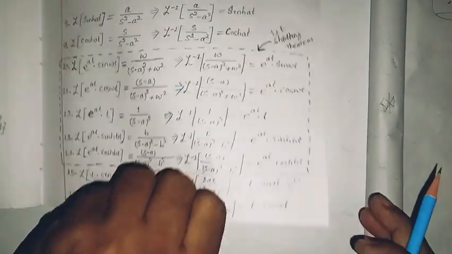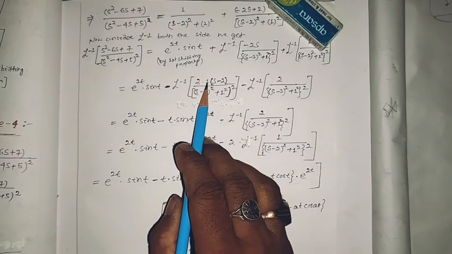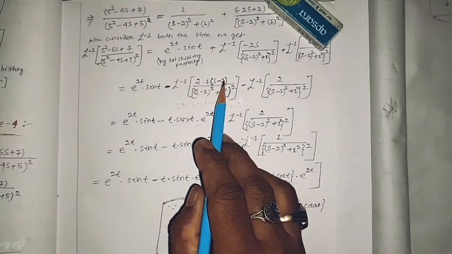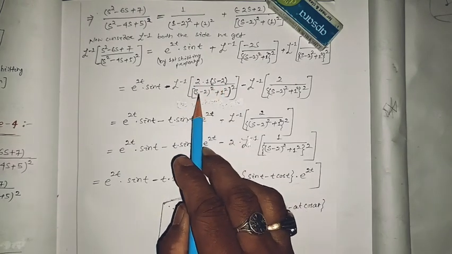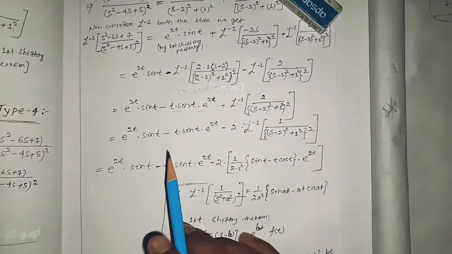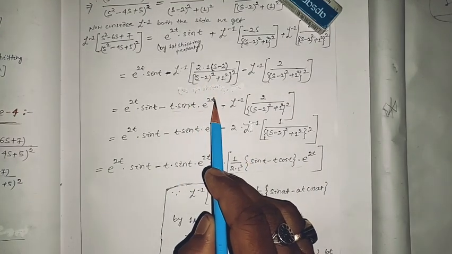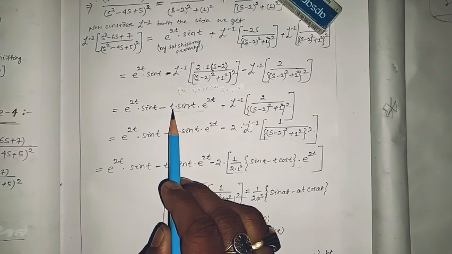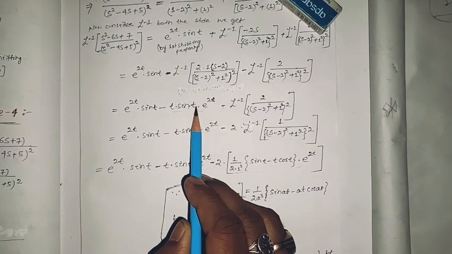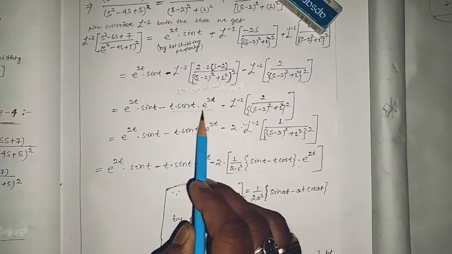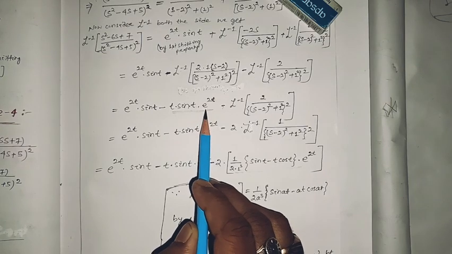Exactly the same format we find here: 2 into a, s minus 2 or s minus b. The answer will be e to the power 2t or e to the power bt into t into sine at. Here a is 1, so the answer will be t sine t into e to the 2t.